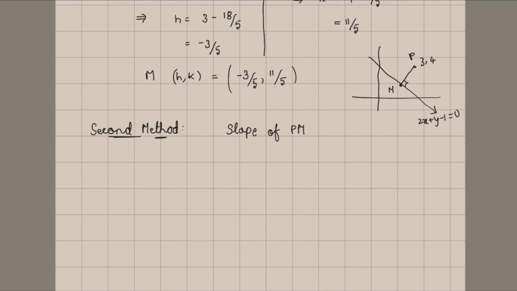The slope of 2x plus y minus 1 is minus 2, so the slope of PM should be one half, as the product of these two should be minus 1.